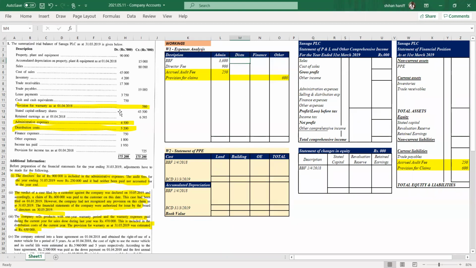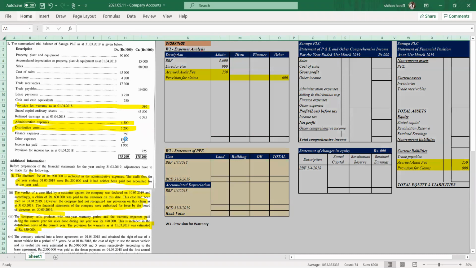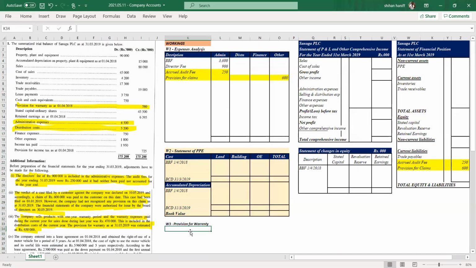So distribution expense will be taken without the payment. Let's prepare a separate ledger account, working number 3: provision for warranty account.